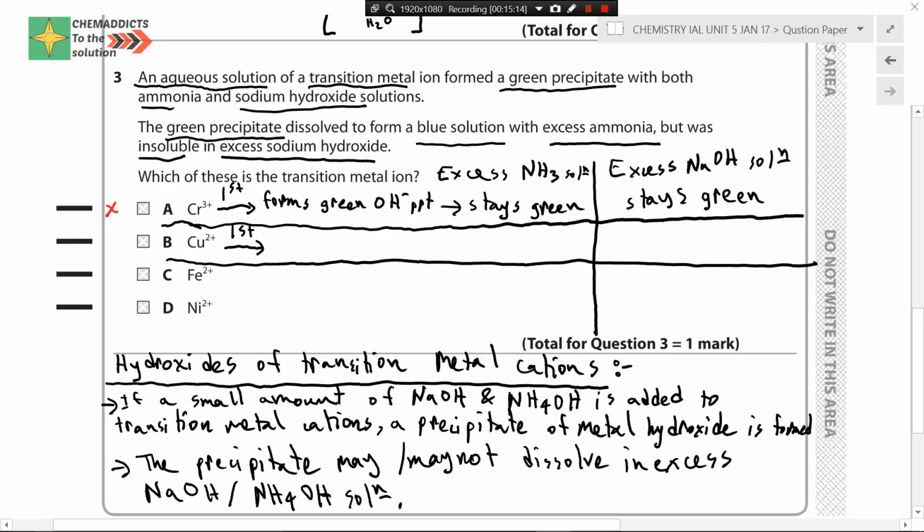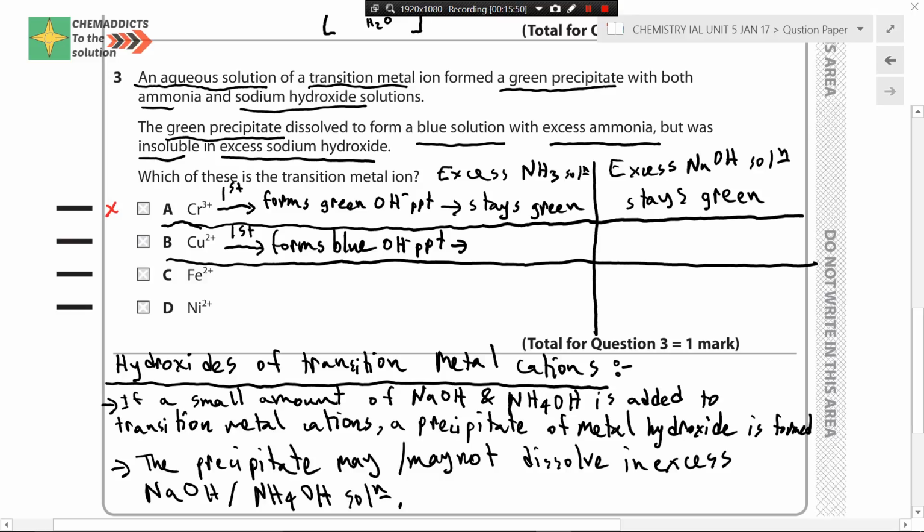If we first add both ammonia and sodium hydroxide solution to copper 2 plus ion, copper 2 plus first forms blue hydroxide precipitate. Okay, am I clear? Hope so. So copper 2 plus first forms blue hydroxide by adding either ammonia or sodium hydroxide solution.